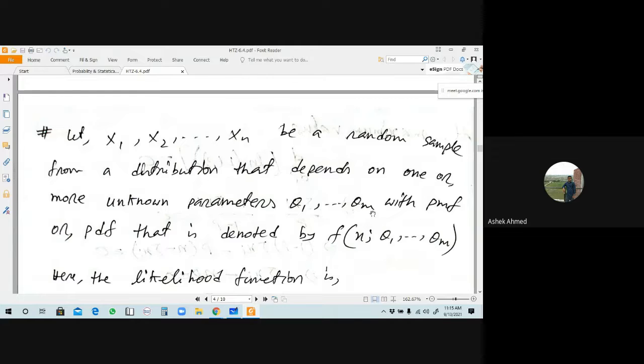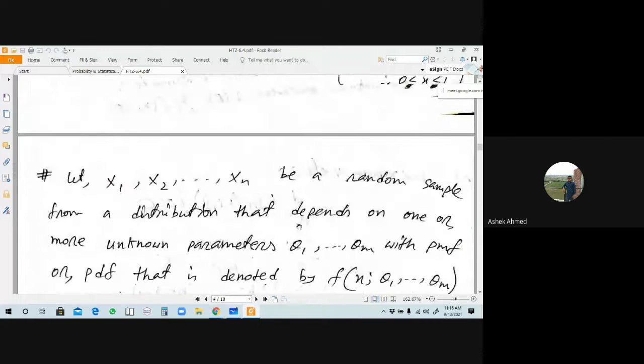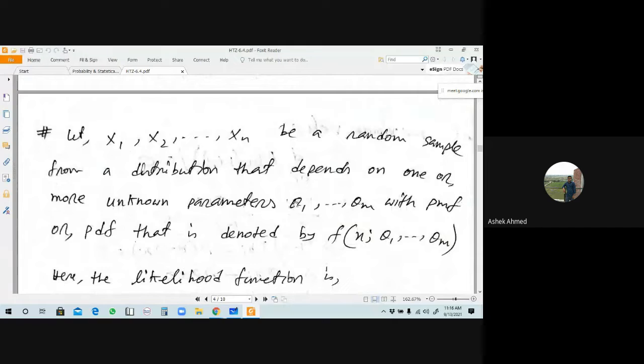যদি আমাদের in the previous question there was how many parameters? One parameter. If the parameters are more than one, that means how many parameters here? Theta 1 up to theta m, m number of parameters.